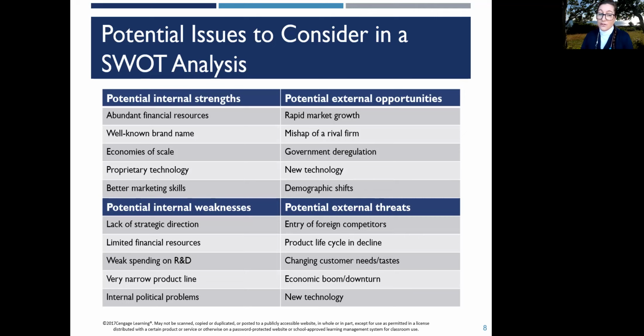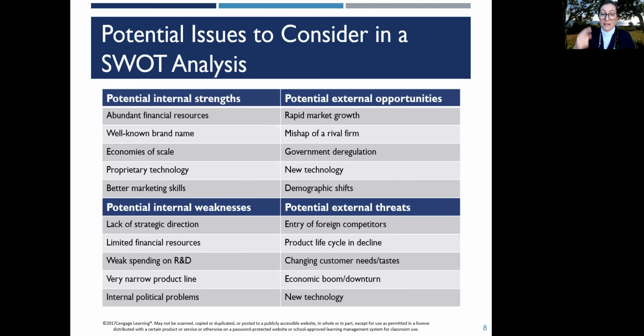How are you doing with financial resources? Where's the spend on R&D? Have you got a narrow product line? That's not necessarily always a weakness, by the way. And how's the internal political dynamics, right? So these are potential weaknesses that you might like to consider whether or not they apply to your firm.